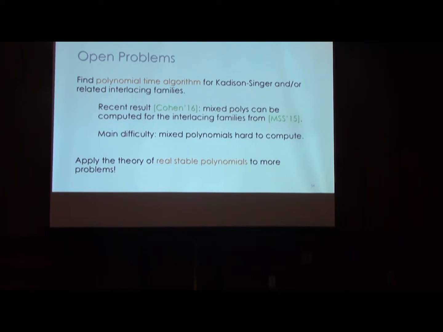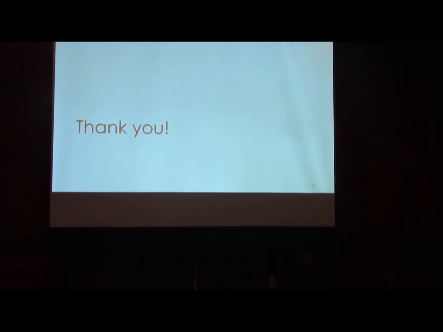So yeah, that's the main difficulty. And this is more of an open-ended question. Real stable polynomials, I think, are finding more and more applications in combinatorics, probability, and algorithms. So the question is to find more applications. Thanks.